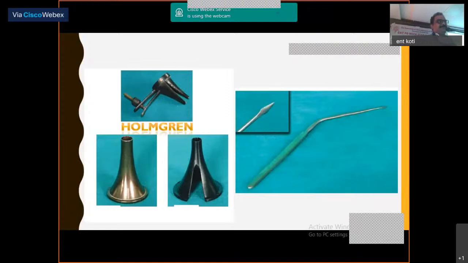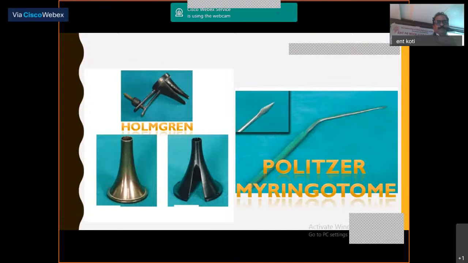This is Toynbee's, and this is Politzer's. This is Hartmann's aural speculum. This is Rosen's aural speculum. So Rosen's has got a slot.